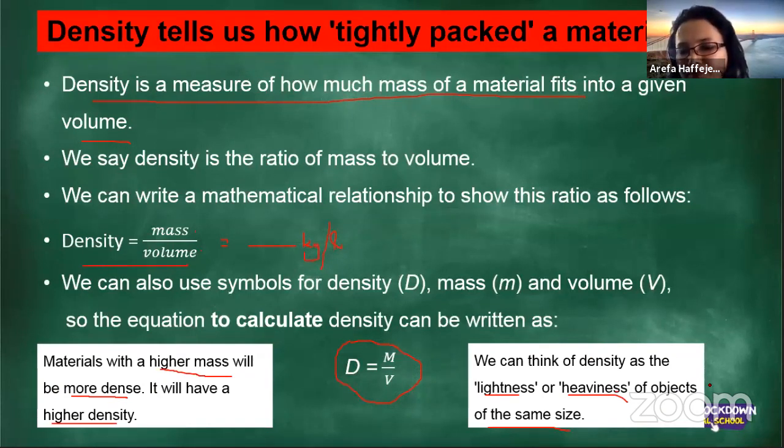Hi, ma'am. I've done some research about density in solids, liquids, and gases. I've learned that solids are very dense, liquids are less dense, and gases are almost not dense. Okay. Is that correct?